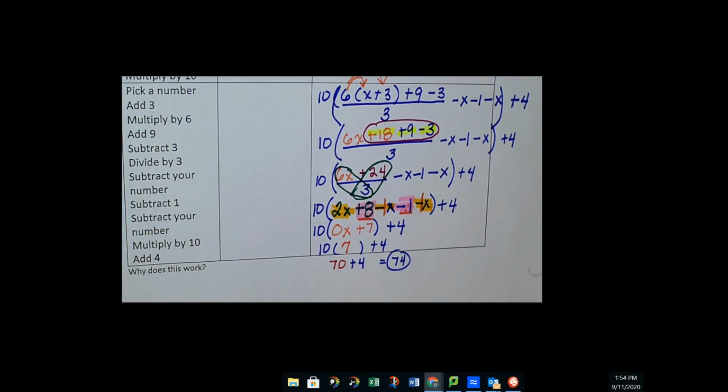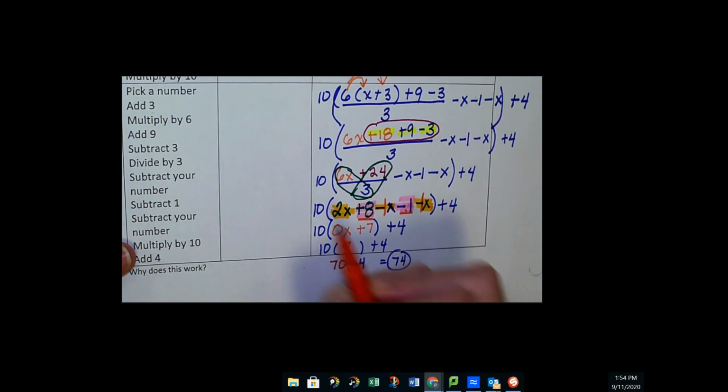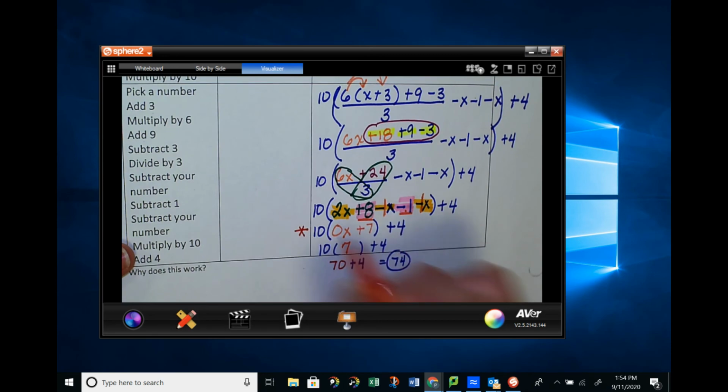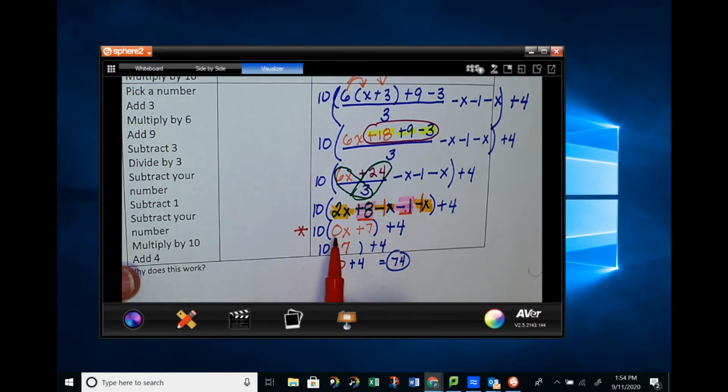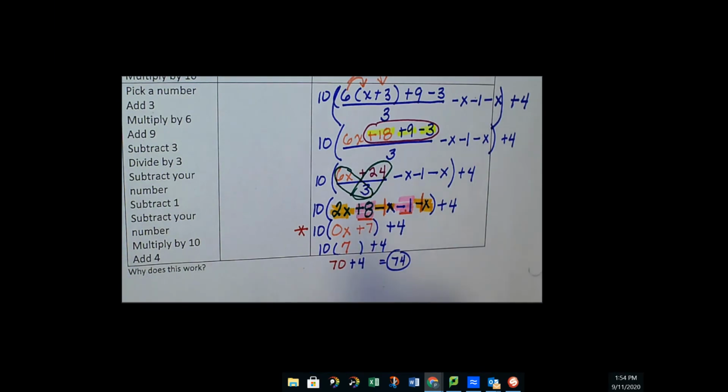Think about this little step right here. What happened to go from this step up here, 10 times the parentheses 2x minus x, to get to your next step of 10 times the parentheses 0x plus 7, and then plus 4? So think about that to answer that particular question.